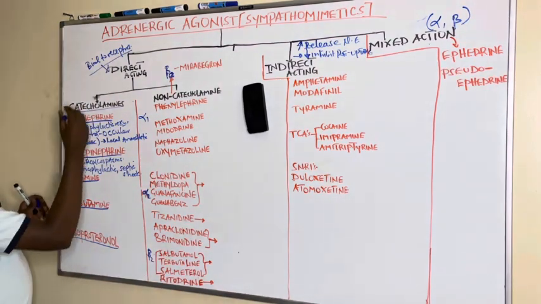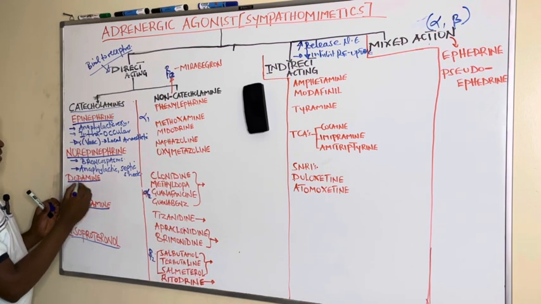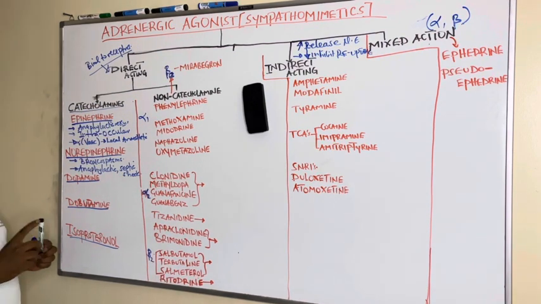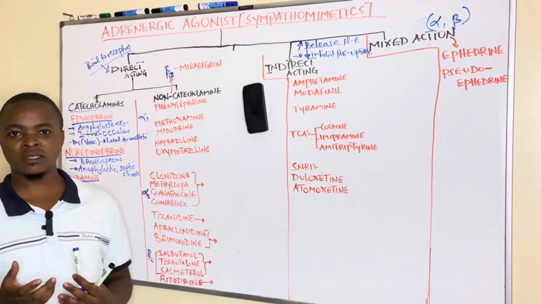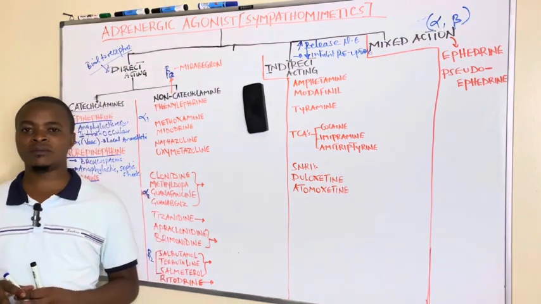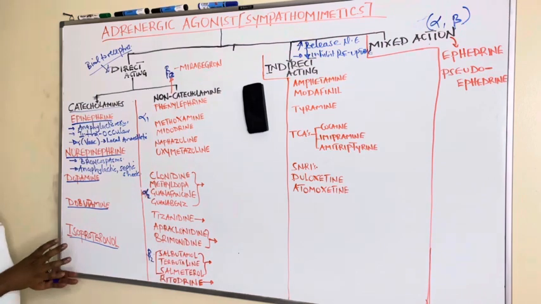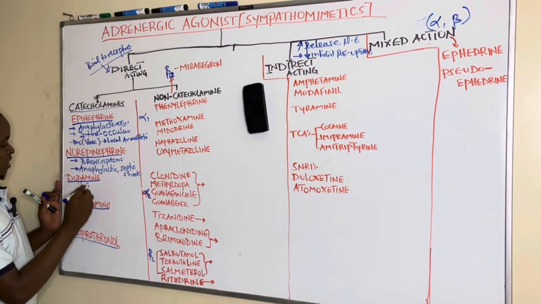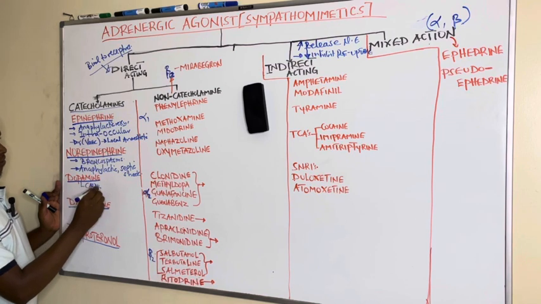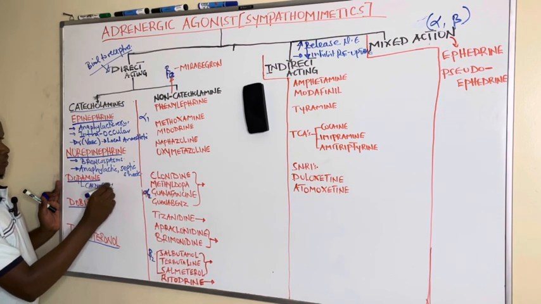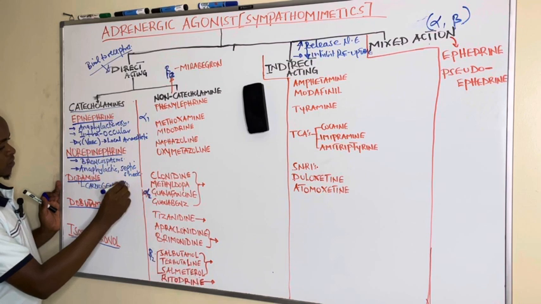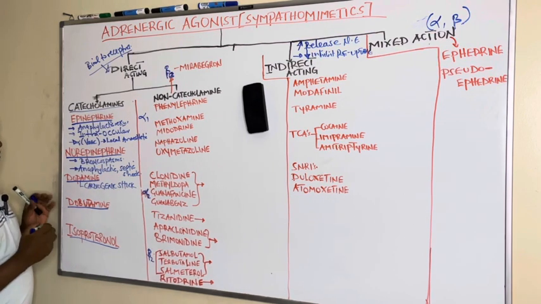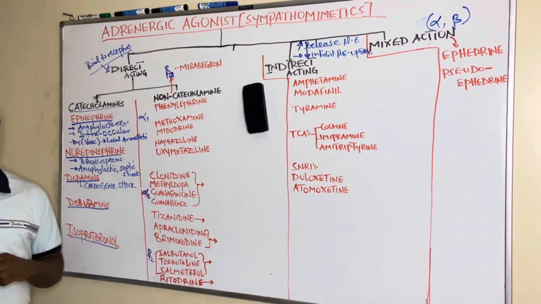Then another catecholamine is dopamine. This one normally binds via dopamine 1 and dopamine 2 receptors within the autonomic nervous system. And dopamine is used in treatment of cardiogenic shock. We can apply it there.